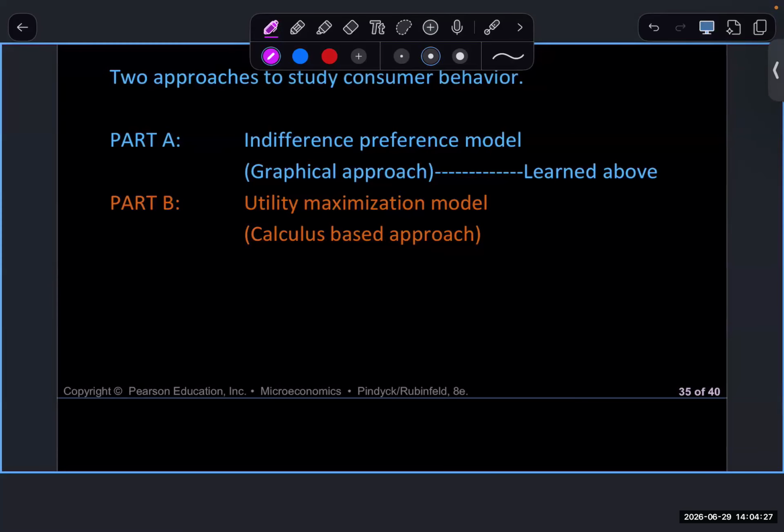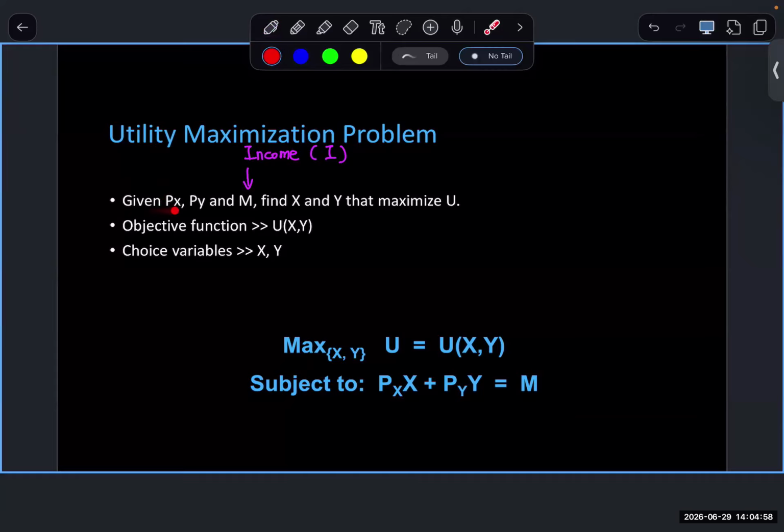Because here we want to maximize the utility. So basically, you are given the price of X, the price of Y, and also M, which means income. Sometimes I use I to represent income, sometimes I use M, but they mean the same, just your income. So you are given PX, PY, and income.